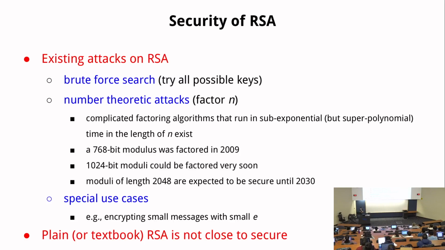However, some research found that there exist sub-exponential algorithms, but they are still super-polynomial. So still very slow, but not exponential. That's a big jump. That's why right now the standard is still to make the prime integers bigger.